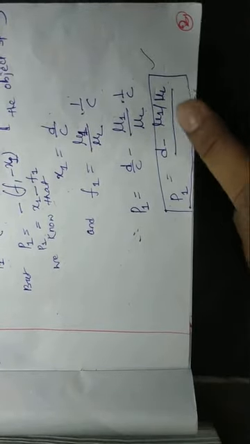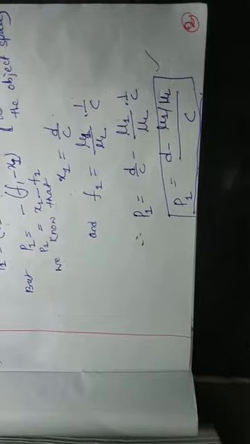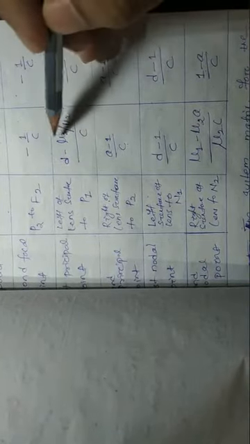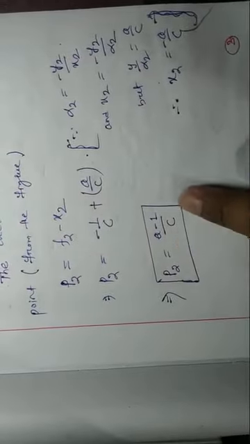The first principal point is d minus mu1 by mu L by c. If mu1 equals mu L, then d minus 1 by c. In general it is d minus mu1 by mu2. Likewise, for the second principal point we found a minus 1 by c.